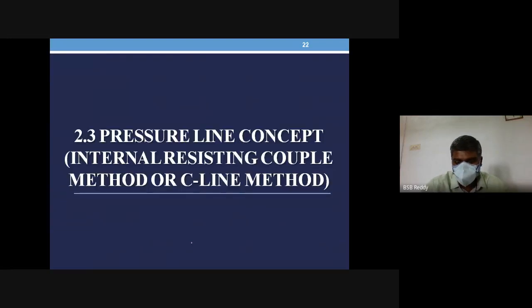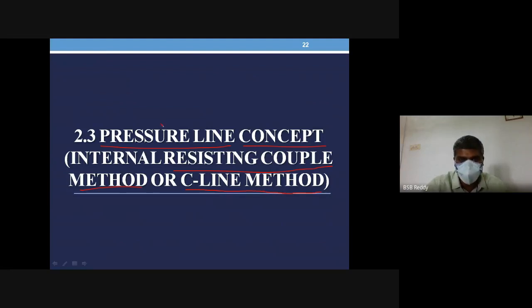Okay. Now moving on to the next content, that is finding resultant stresses by other concepts like the pressure line concept, or internal resisting couple method, or simply called C-line method.